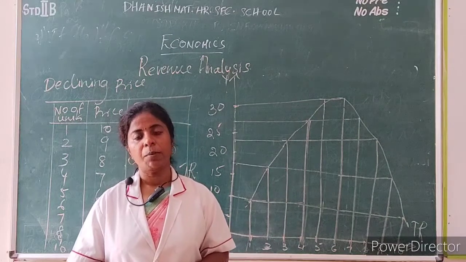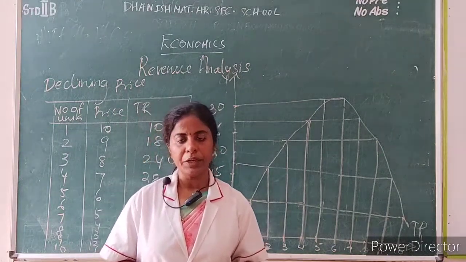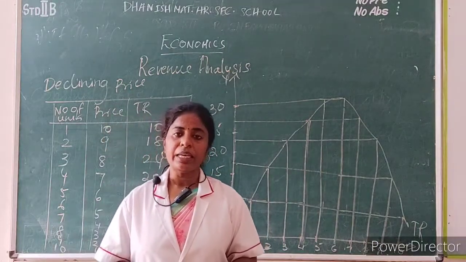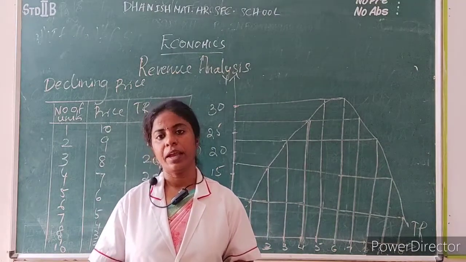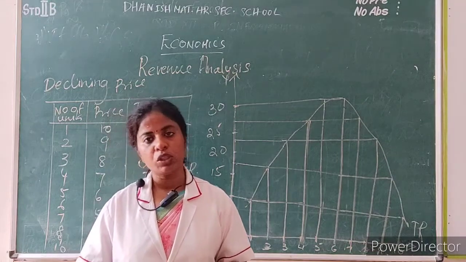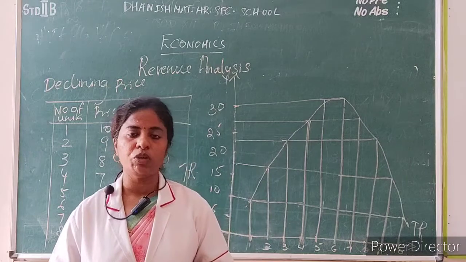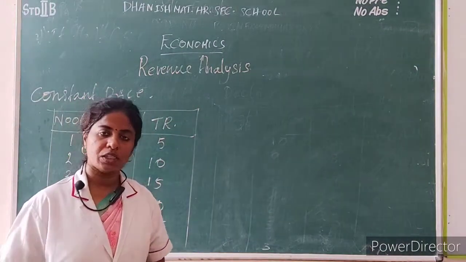So marginal revenue is the addition made to the total revenue by selling one more unit of output. Next we come to average revenue, revenue analysis under constant price.